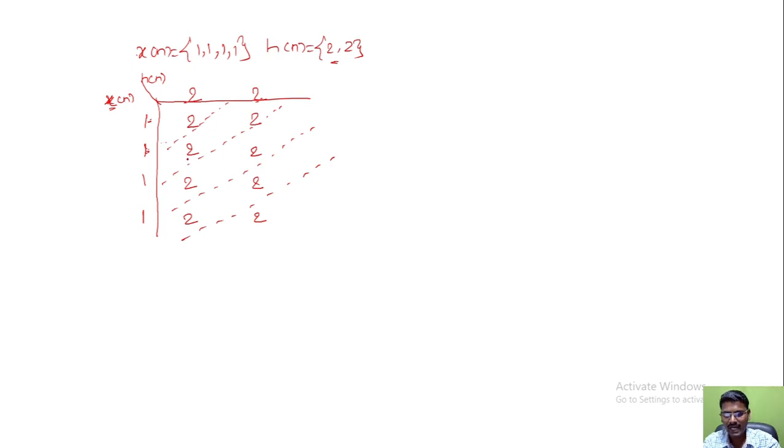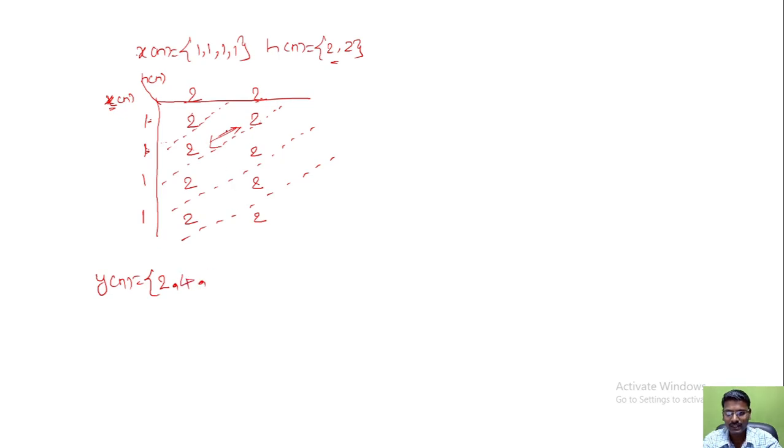Now I need to add the diagonal values to get y of n. The first sample of y of n is 2, since I have only 2 in this diagonal. So 2 comma, now in this diagonal I have 2 samples, 2 and 2. So 2 plus 2, I will get 4.